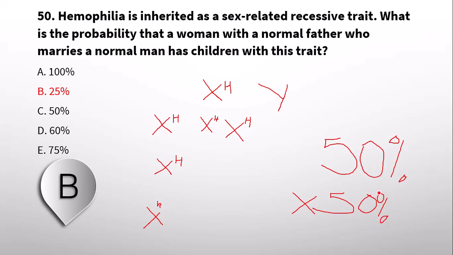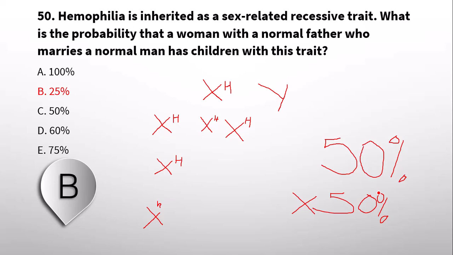Okay, let me take it all over again very briefly. For her to have a child with the trait, they have told us about her husband, who is normal. They have not told us anything about her. She can be either a carrier or completely normal. The probability of her having a child with the trait, being a carrier, is 50%. I will multiply that by 50%, the probability of her being a carrier in the first place, because we are not sure that she's a carrier.